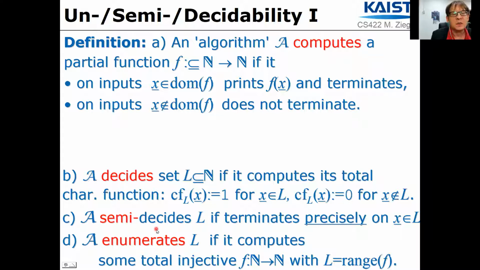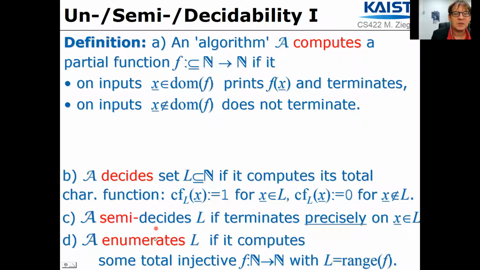The semi-decision procedure would in this case terminate, whereas on another input which is not an English word, like kraut, this semi-decision procedure would not terminate on the word kraut, but would terminate on the word flabbergast.